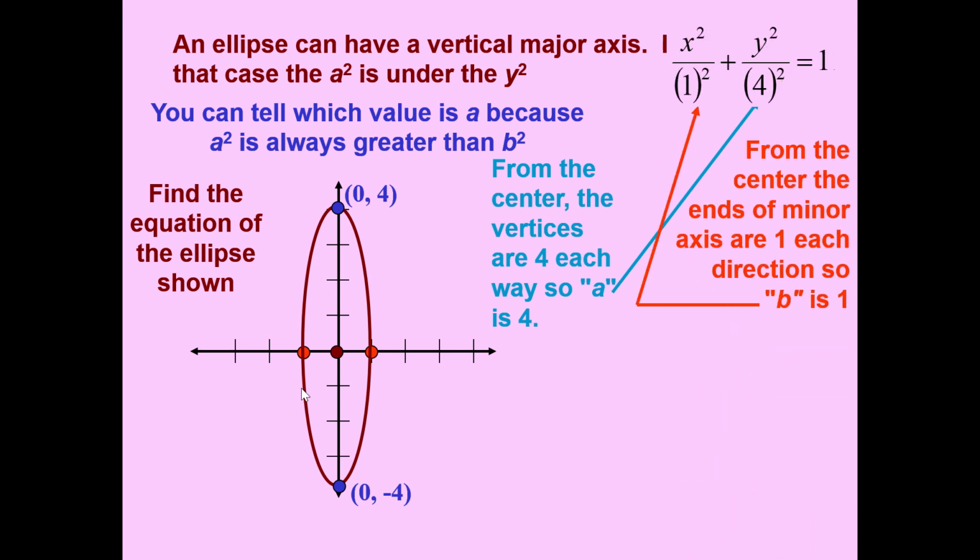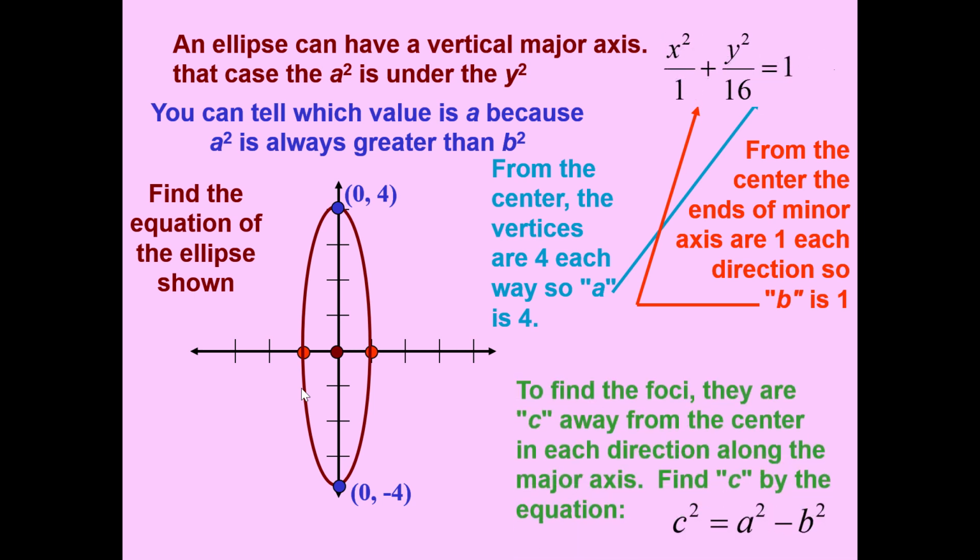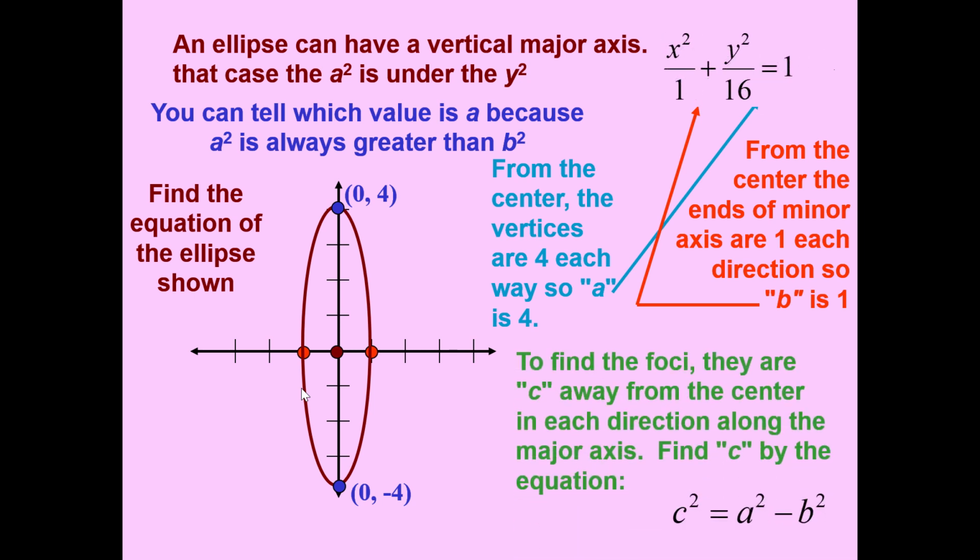So you know the major and the minor axis, you know our a and our b, so we can find c. c squared is equal to a squared minus b squared, 16 minus 1 is 15. And it spreads out along the y here, the major axis.